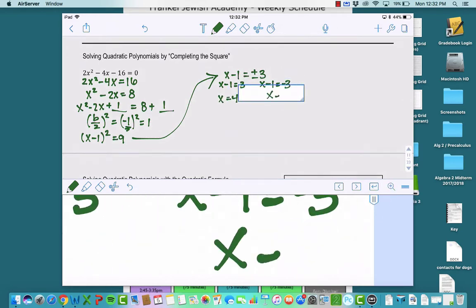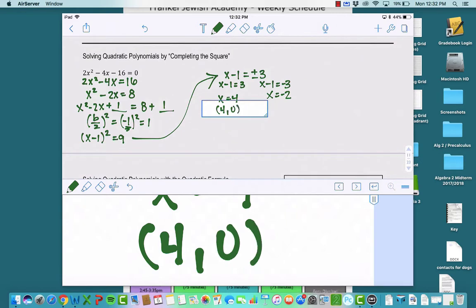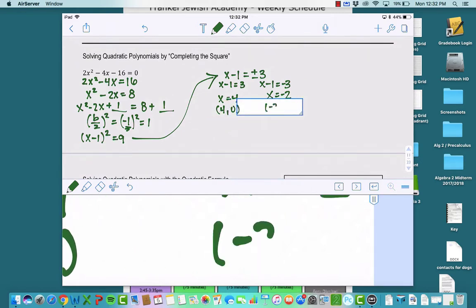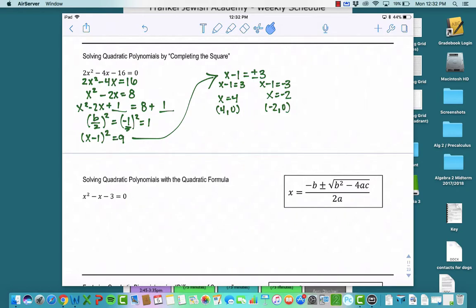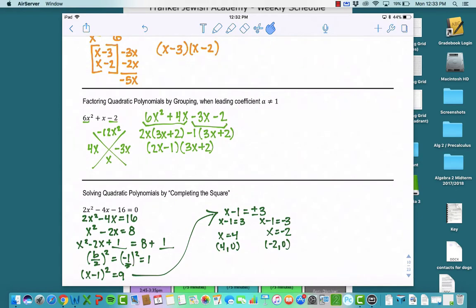And x equals negative 2. And if I wanted you to write those as points, we would write that as 4, 0, or negative 2, 0. And that's how you solve. Remember, you look for those keywords. If it says solve, you're looking for the x equals part or the points. If it says factor, we're looking for it in factored form like this, where it's still a polynomial.